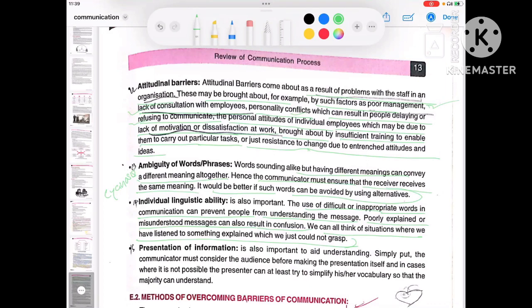So a lot of terminologies will be there. If you are not understanding them, then the message is not understood and communication will be affected. So the message has to be told in a way the receiver understands.